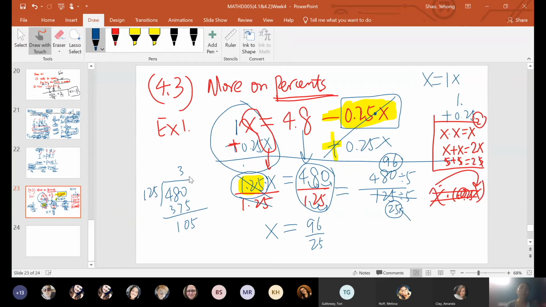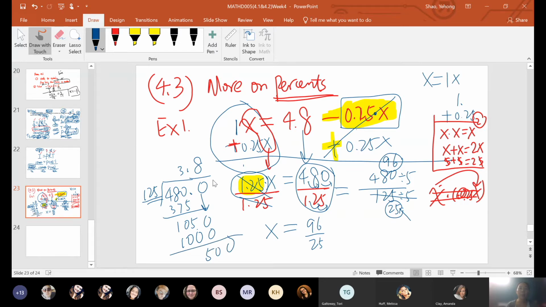We can use 3 and continue to add a dot and a 0 to bring down to get some decimals. So 125 goes into 1050, I think it's 8 times. 5 times 8 is 40. 2 times 8 is 16. So that gives us exactly 1000.